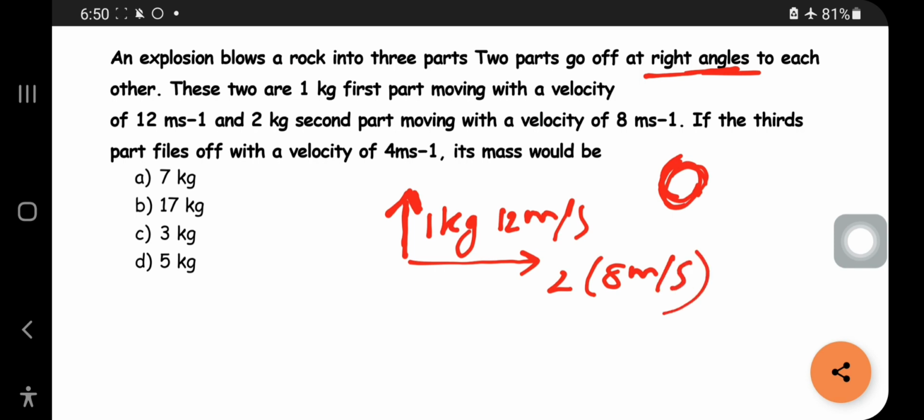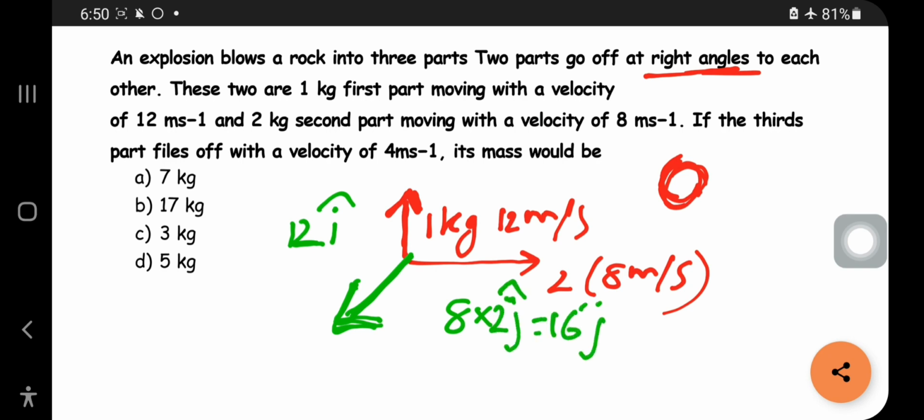To cancel this one, the other body should move in this direction, so only then can it cancel the total momentum. Total momentum will be 0. We will take this in vector form. This is 12 into 1, that is 12 i cap. This is 8 into 2 j cap, that is 16 j cap.